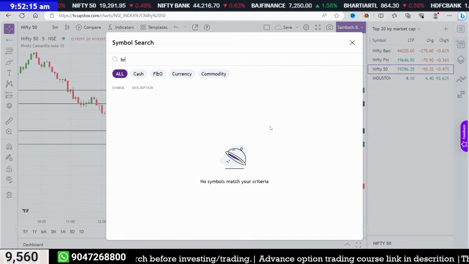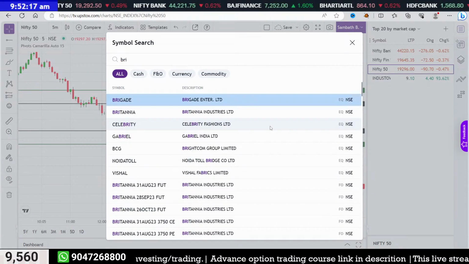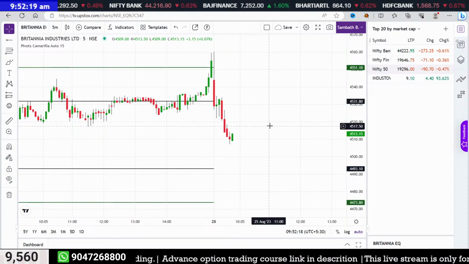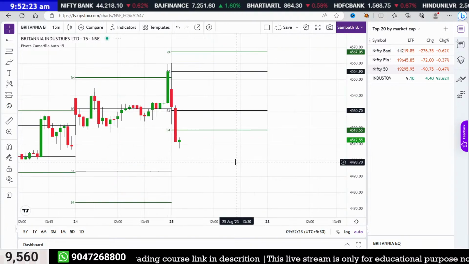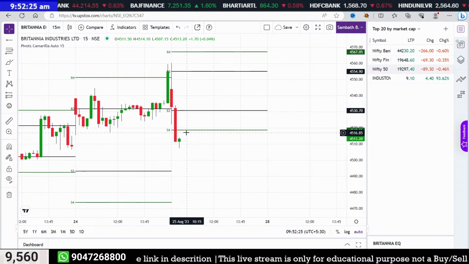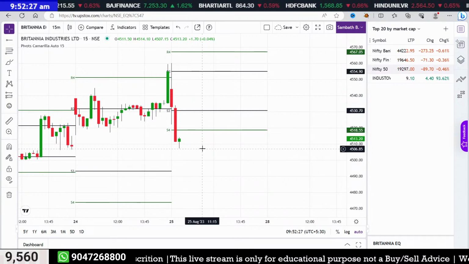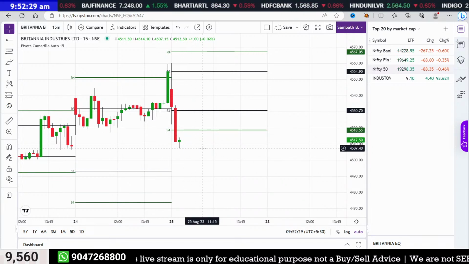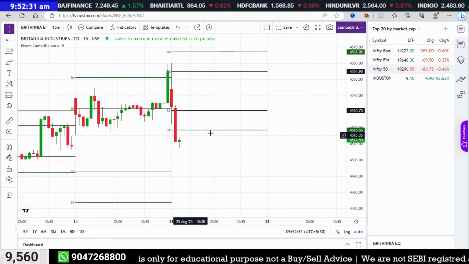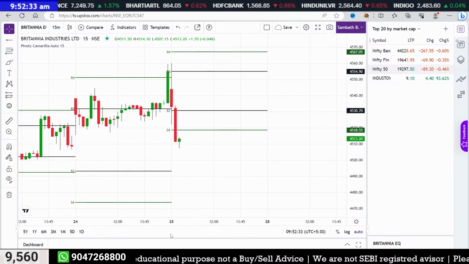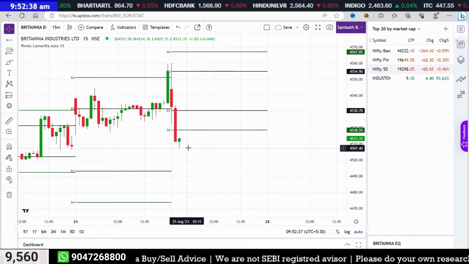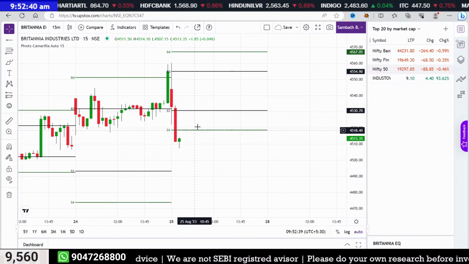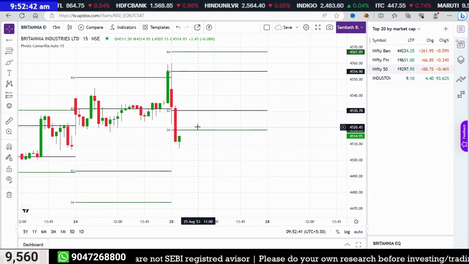What is happening on Britannia? Initially we are checking that, and will it break below? I think it broke 1548, so it moved down to 1507, 1518. From that support is broken. The low made is around 1507, still on the same price, Britannia.